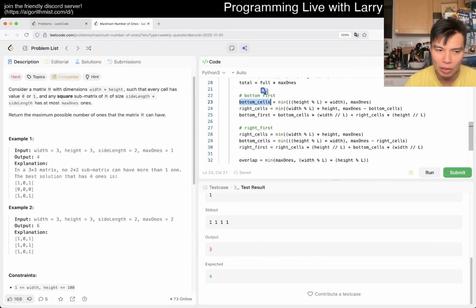So bottom cell is going to be equal to 3. So this is 1 times width, right? Width is wrong. This is not width.